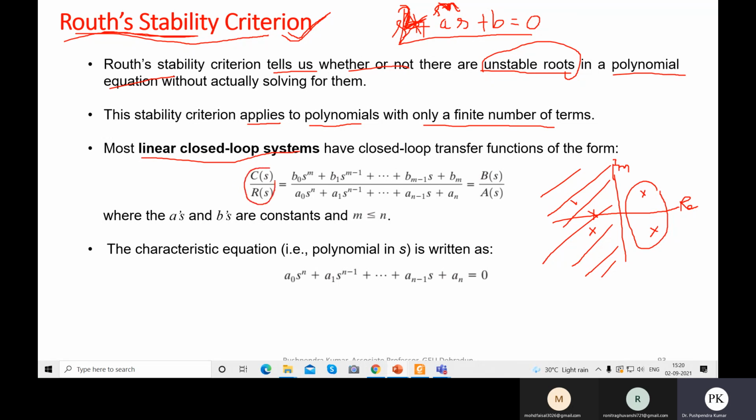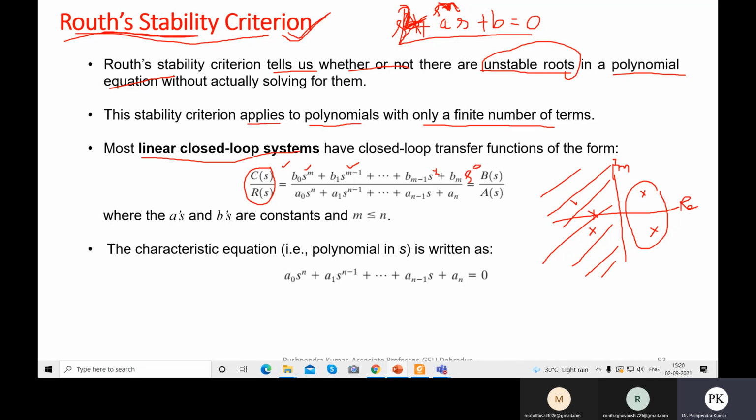C(s) is output, R(s) is input. So the generic form of this system will be like this. We have s to the power m, s to the power m minus 1, up to s to the power 1, and s to the power 0.